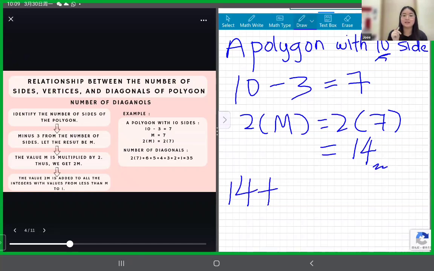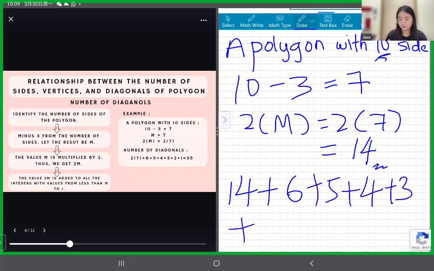So the integer less than 7 is 6. We start from 6, then plus 5, 4, 3, 2, and 1. After you add all the numbers, you will get 35. So 35 is the number of diagonals for a polygon with 10 sides.